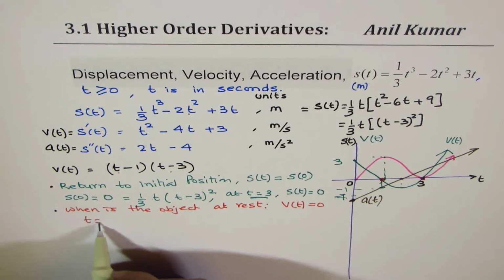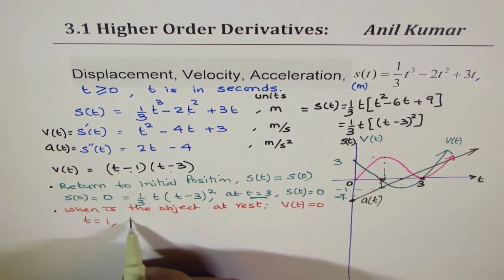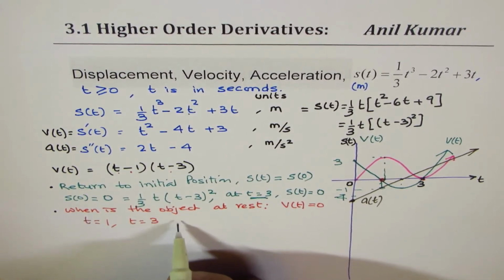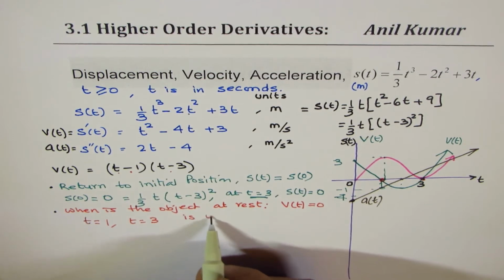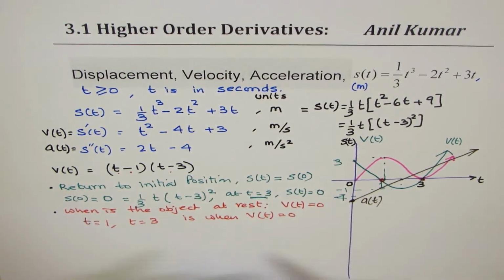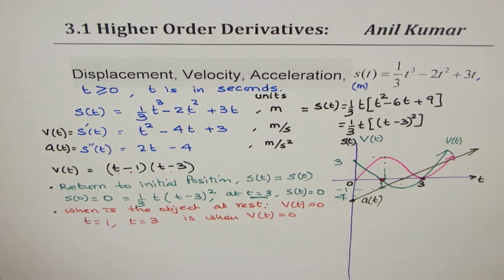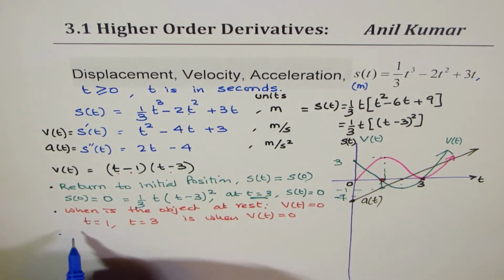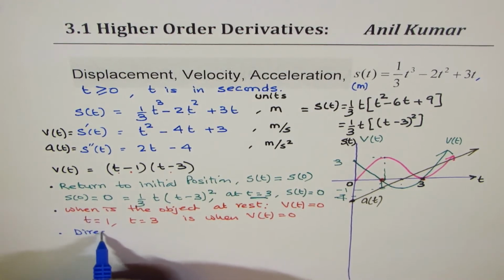So we know t equals 1 and t equals 3 is when the velocity equals 0. So that is where the object is at rest. Is that clear? Now let us try to see how to answer the question, which is about the direction of movement.